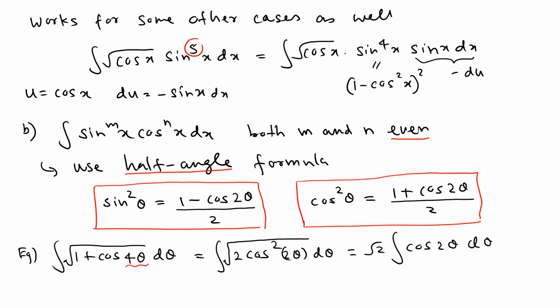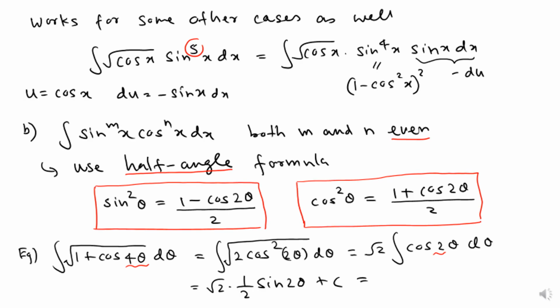What you need to do is just divide by 2. So you're going to get square root 2 times the integral, which simply becomes 1/2 sine 2 theta plus c, which equals 1 over square root 2 times sine 2 theta plus c.